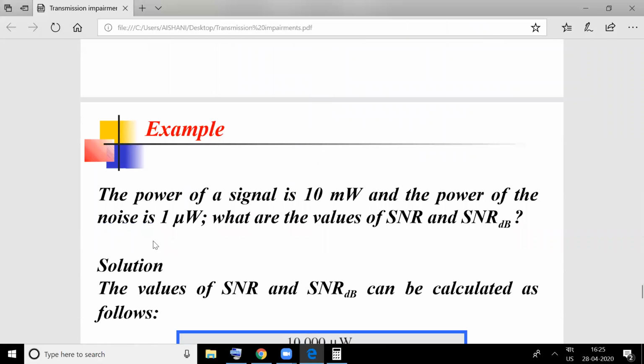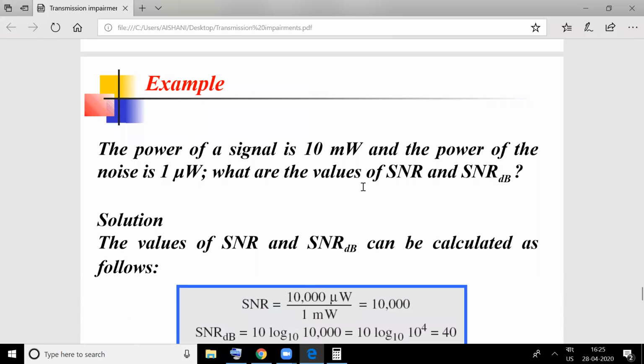The power of a signal is 10 milliwatt and the power of the noise is 1 microwatt. So signal power is 10 milliwatt, noise power is 1 microwatt. What are the values of SNR and SNR dB?